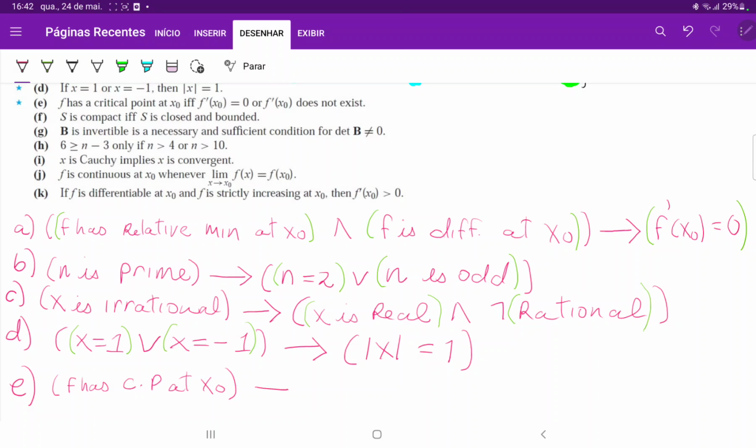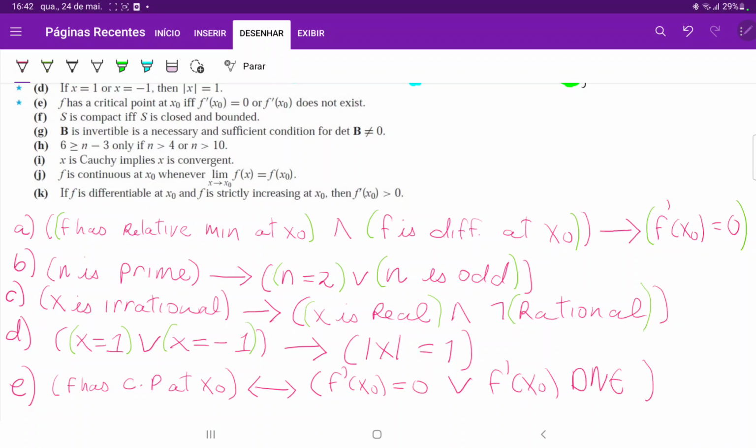And then if and only if, so our double arrow, if and only if f prime of x naught is 0 or f prime of x naught does not exist, right? So we do have a disjunction within this statement. So we're going to say f prime of x naught is equal to 0 or, our disjunction, f prime at x naught does not exist.